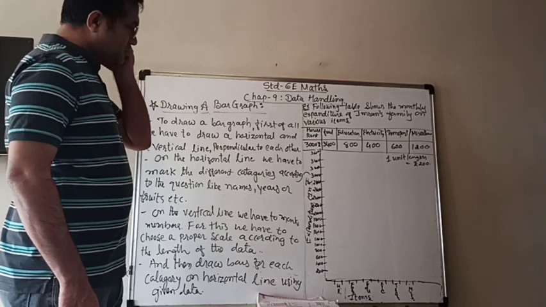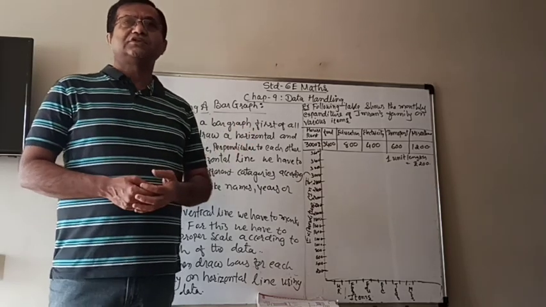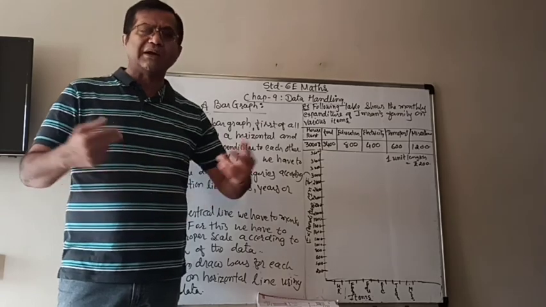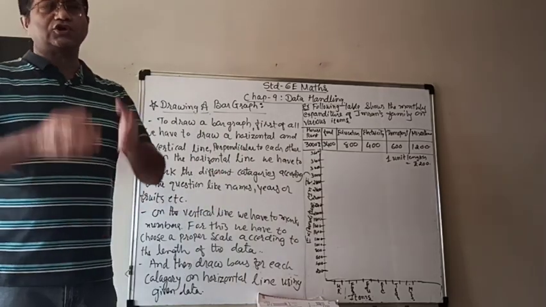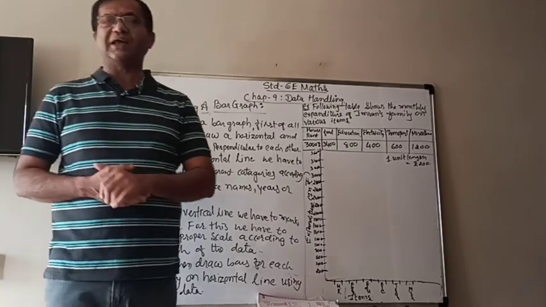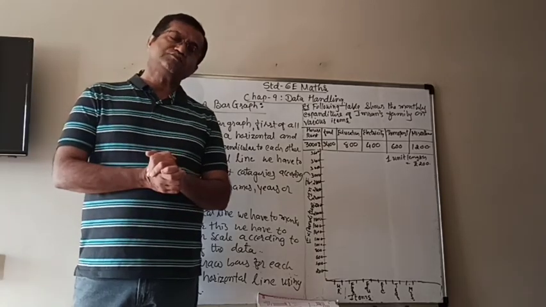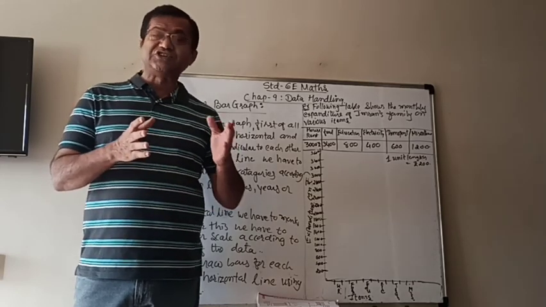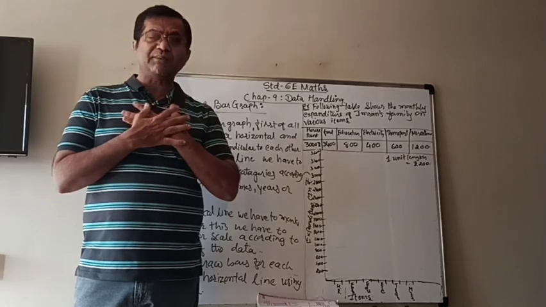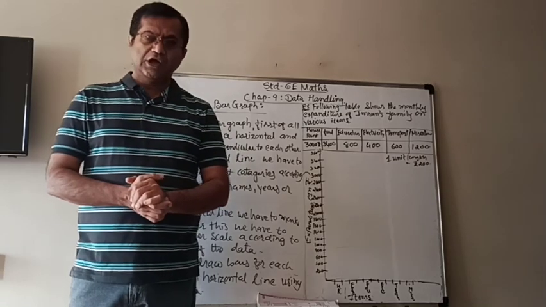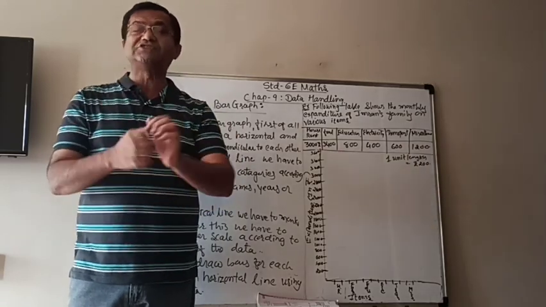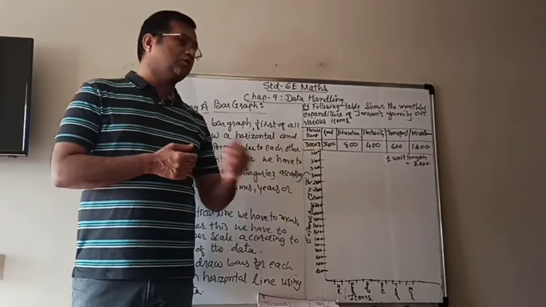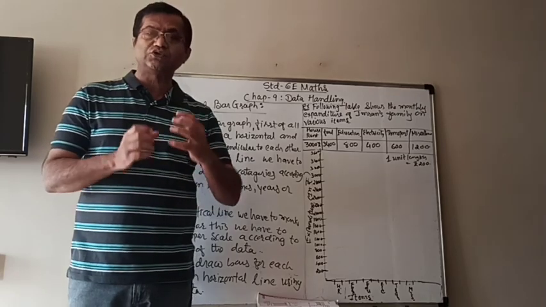Now as we saw, generally the bar graphs are drawn in two ways. You can draw the bars on the horizontal line or on the vertical line also. But generally, as per my experience, it is easier to draw the bars on the horizontal line. So we are going to understand how to represent it.